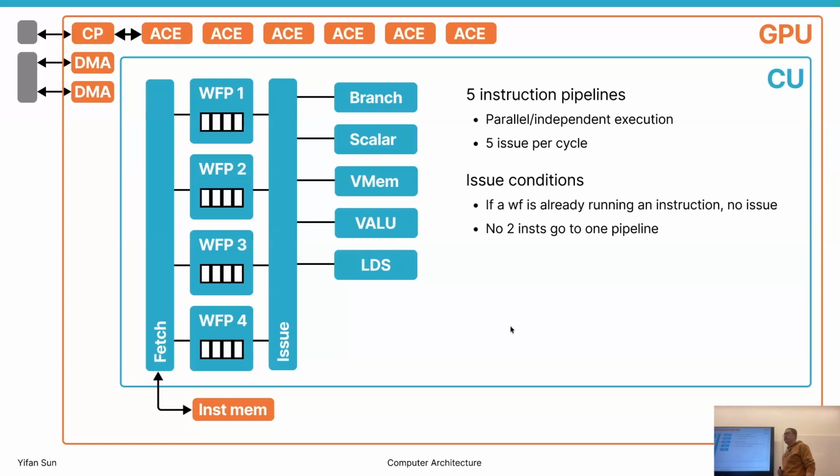So what are the issue conditions? It's apparent that no 2 instructions can go to one unit in one cycle, because one unit only has the capability of processing one instruction. So the issue arbiter will select at most 5 instructions to go to these 5 units.